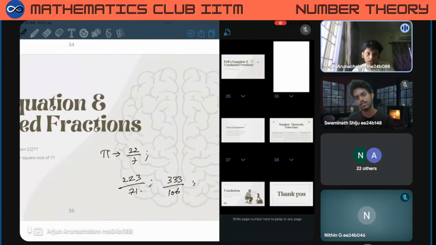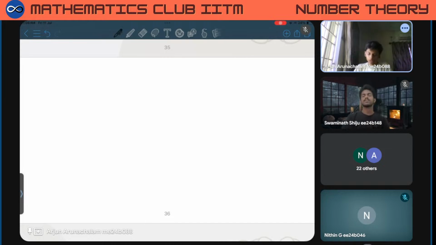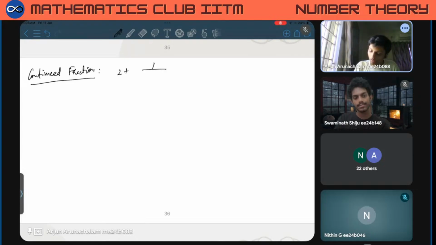Let's define a notion of a continued fraction, right? A continued fraction is basically something you write of the form, let's say, 2 plus 1 by 1 plus 3 by 1 plus 4 by 1 plus 5 and so on.